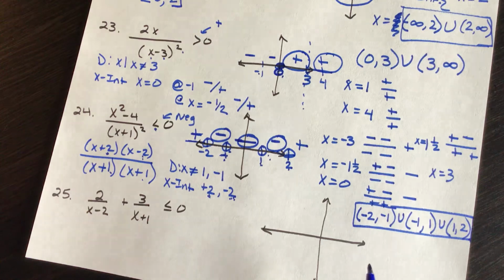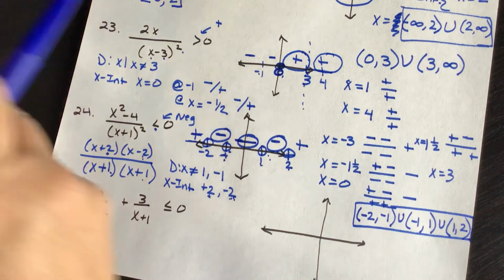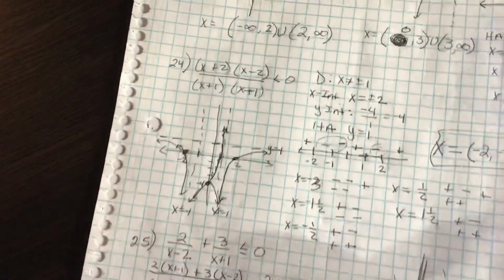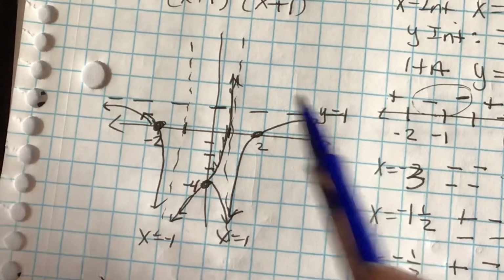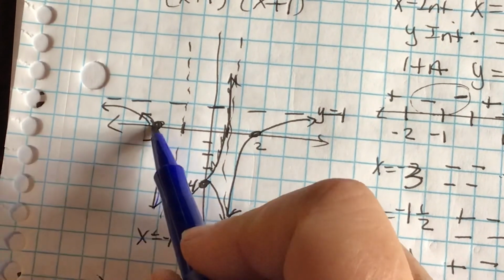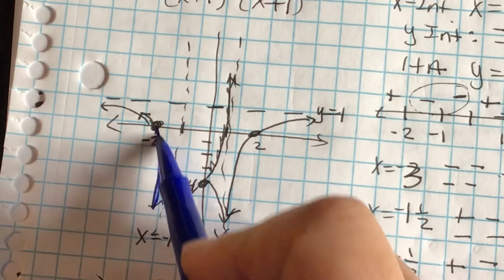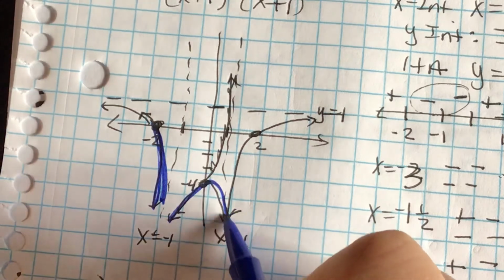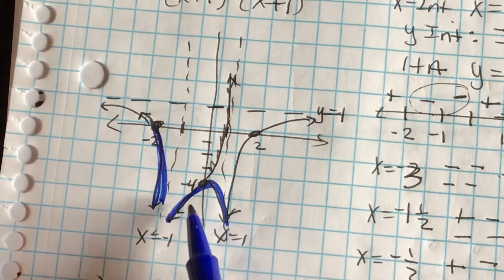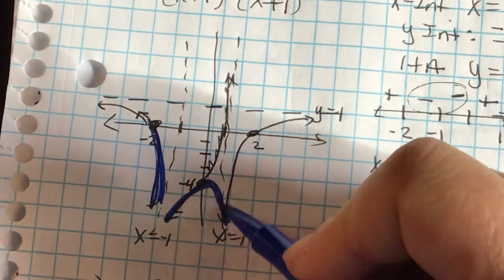And actually, I'm going to show you this very messy graph that I did. I'm going to zoom in here. So this is what I'm looking at. I have a negative section here. I've got a negative section here. And then I have a negative section here.